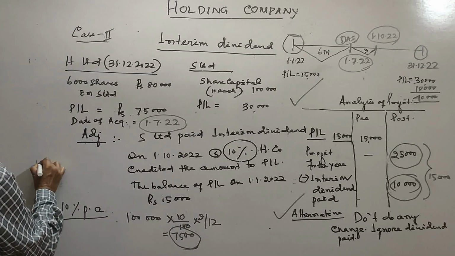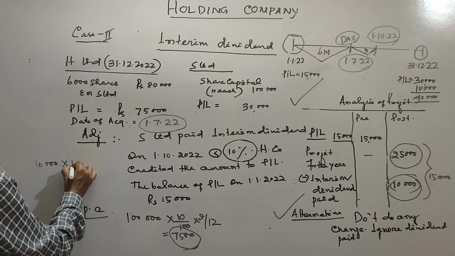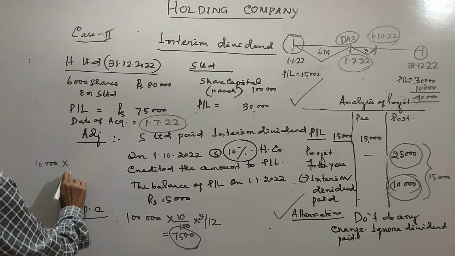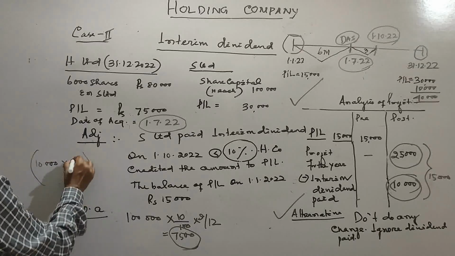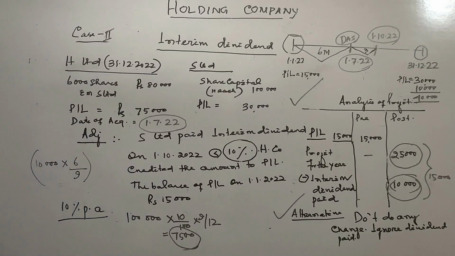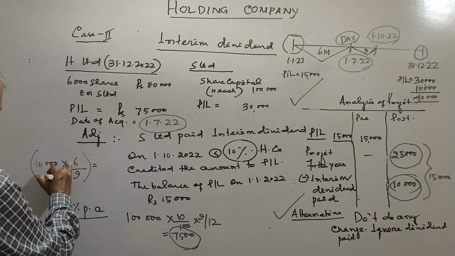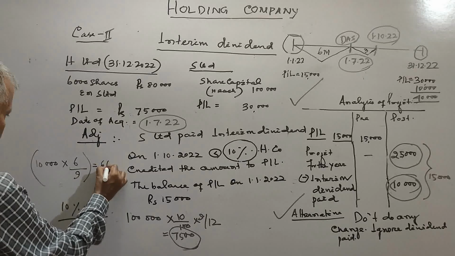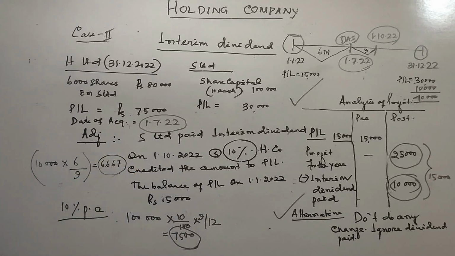So 10,000 for 9 months, and for 6 months, how much is your dividend? So this will be 6,667, right?